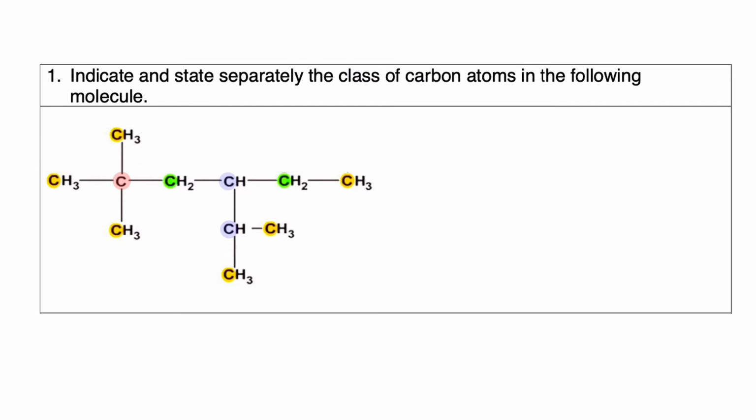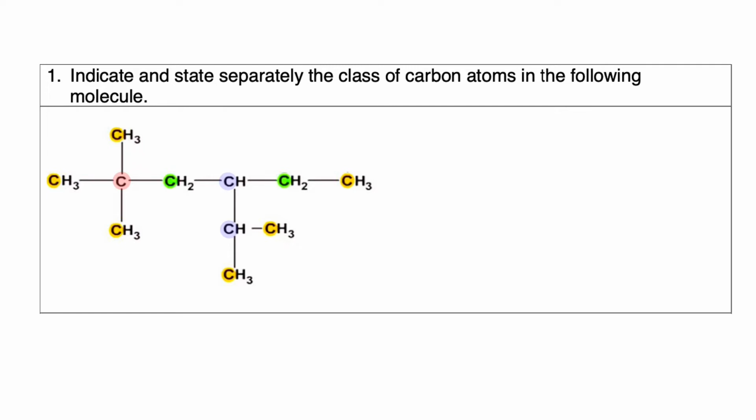Okay, kalau lihat dalam nota awak, kita ada satu soalan. And then the question asks you to indicate and state separately the class of carbon atoms in the following molecule. So, kita fokus carbon sahaja. Okay, carbon sahaja. So, mari kita lihat carbon yang kuning itu dahulu. Nah, ataupun kita tengok yang ni dulu lah, carbon pink.